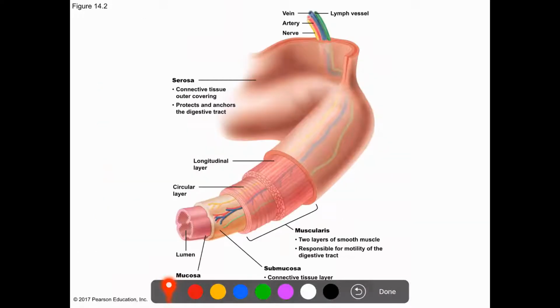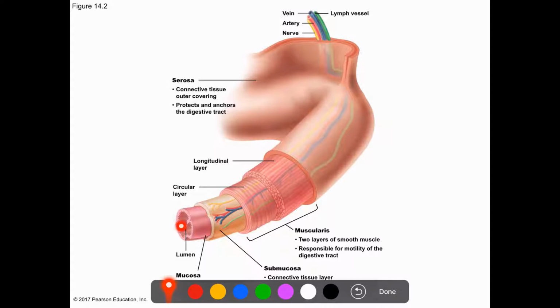Now, a major characteristic of the GI tract is that its walls are made of the same layers across the entire tract. So we have 4 layers making up the walls of the GI organs.